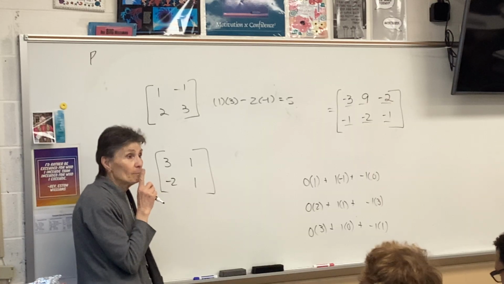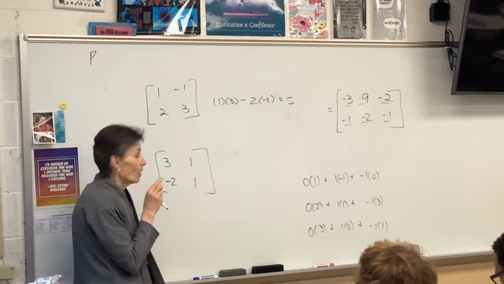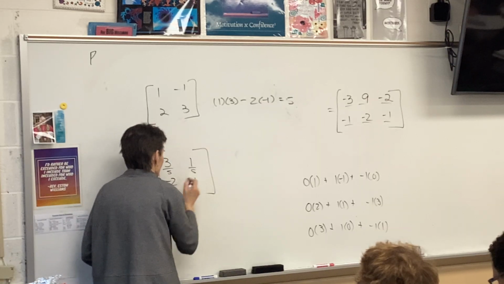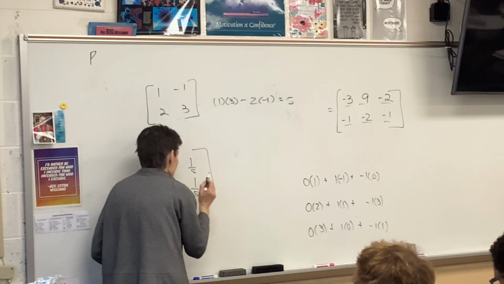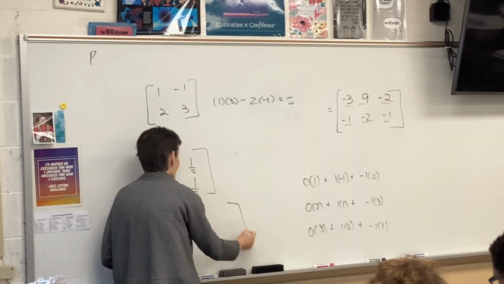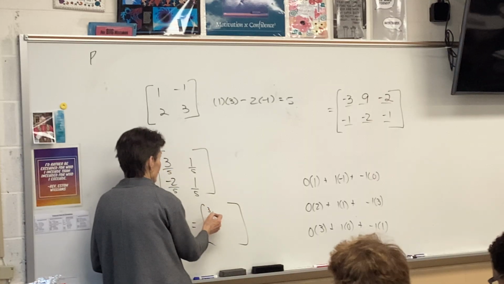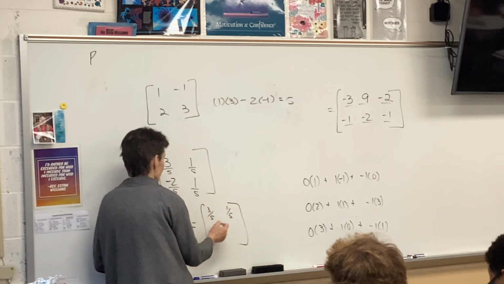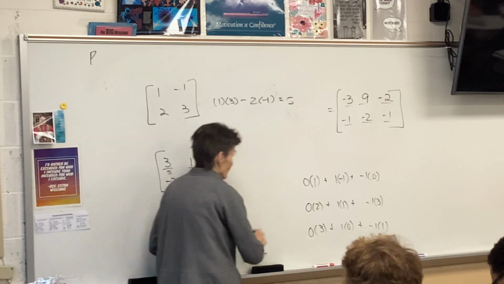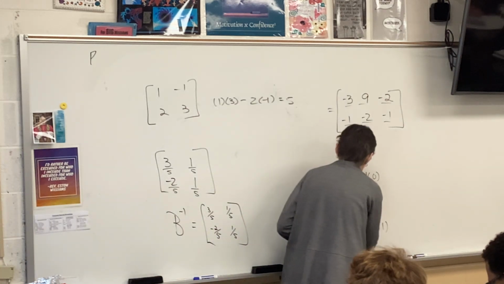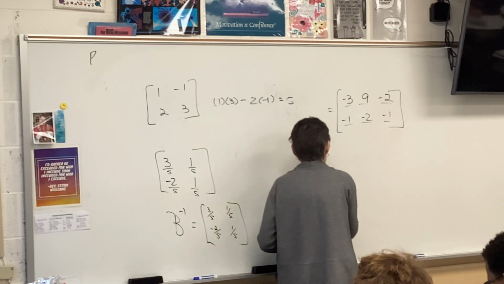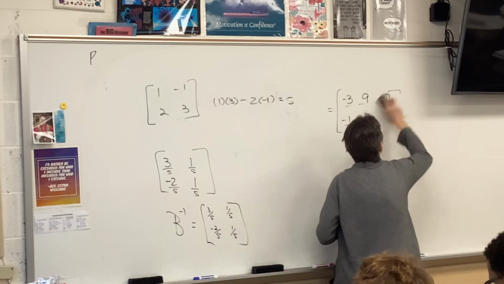Then what? One more step. Put it over 5. All of these get put over that number right there, 5. If it reduces, we're going to reduce it, but I don't think anything here reduces. So it's just 3/5, 1/5, negative 2/5, 1/5. And that's your inverse. So remember, if your fractions reduce, you have to reduce them.